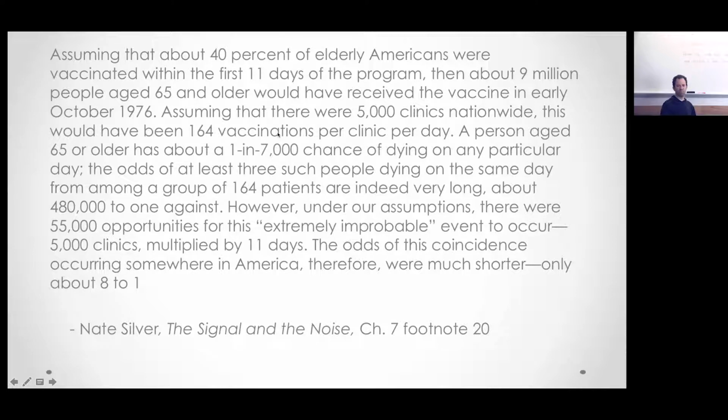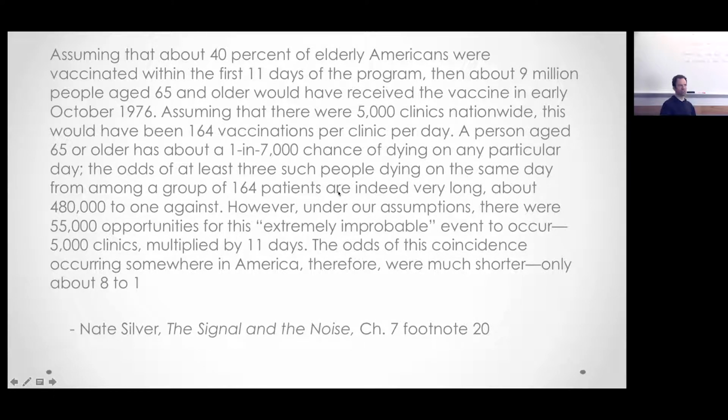He asks how many elderly people visited a vaccine clinic. He makes an estimate of the number of clinics, converts that to the chance of any one person dying, and then to the chance of 3 people dying, and there you go.